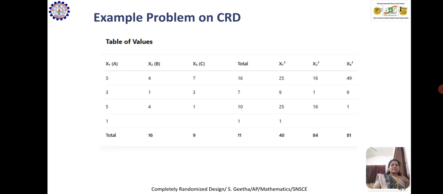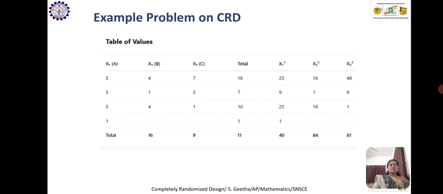Now we calculate the table values. In the previous problem they had given the data in 2-digit values, so we shifted the origin by 10 to convert into single digits, which made the calculation easy. Here they have given single digits only, so there is no need to shift the origin.